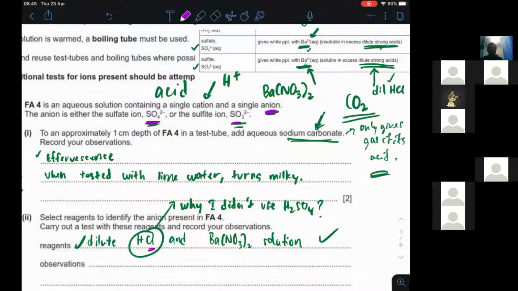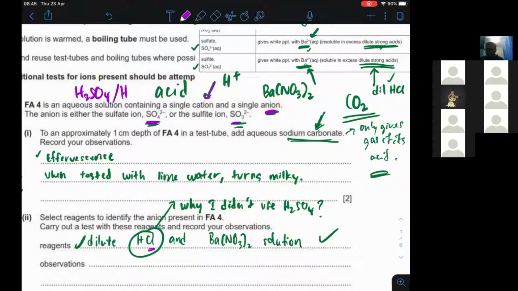I'm predicting that Fa4 might be sulfuric acid, or it can be H2SO3, so why would I want to add the same reagent over here? Can you understand this part? So I don't want to use sulfuric acid. I try to use something different from SO4.